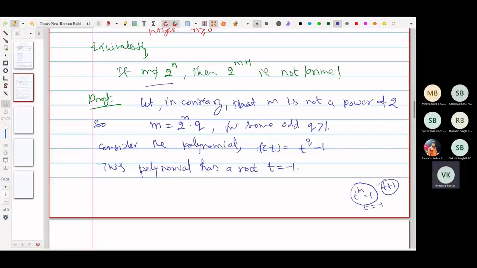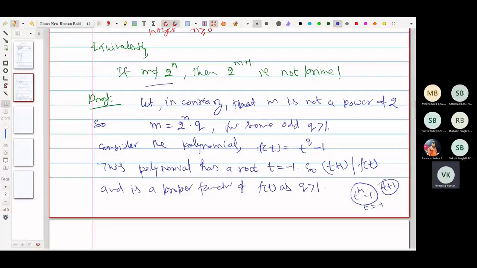Fine. So t plus 1 should divide f(t) and is a proper factor of f(t), as q is greater than 1.